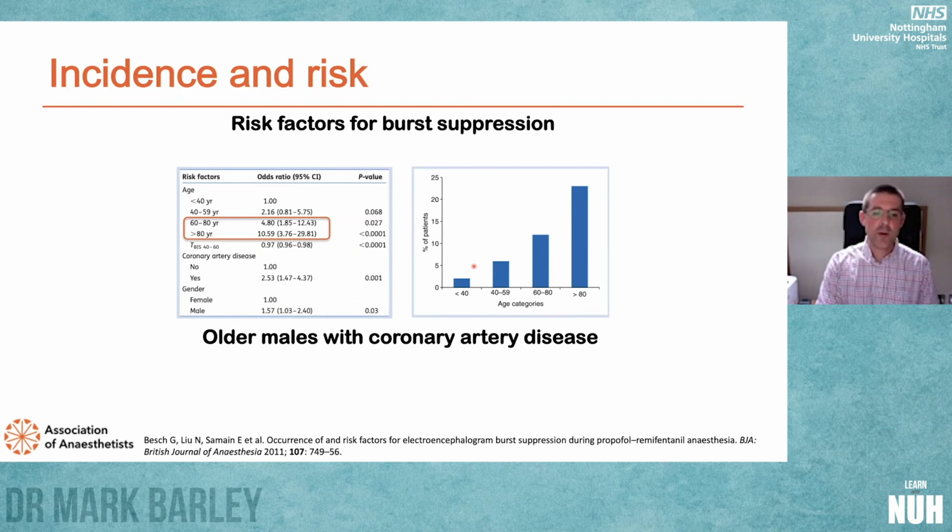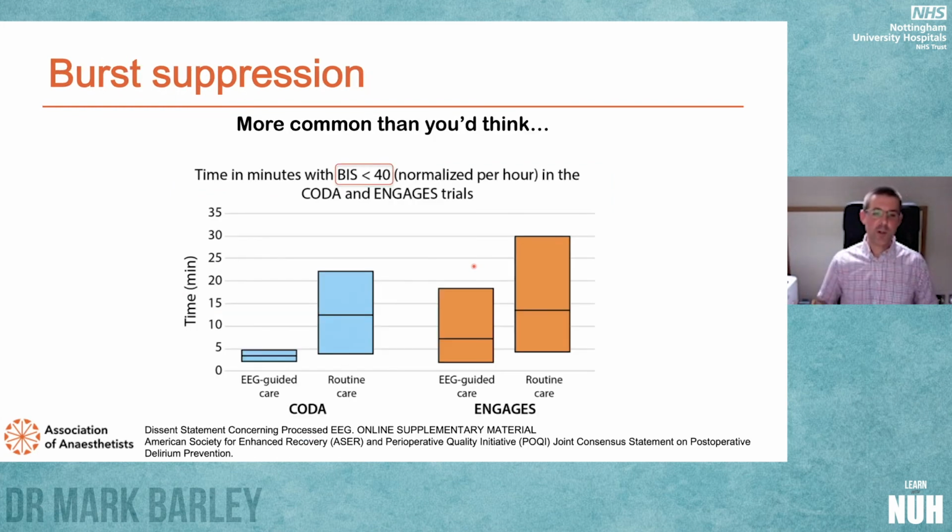How often do we see burst suppression? Well, the big trials that have looked at burst suppression and BIS values of less than 40 identify burst suppression occurring in the CODA trial for about 12 minutes, and around about 14 minutes or so in the ENGAGES study. They were looking at whether or not using a processed EEG monitor would reduce the incidence of burst suppression and then reduce the incidence of delirium.